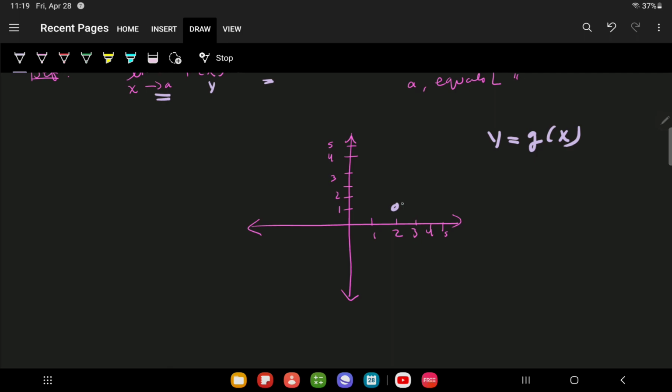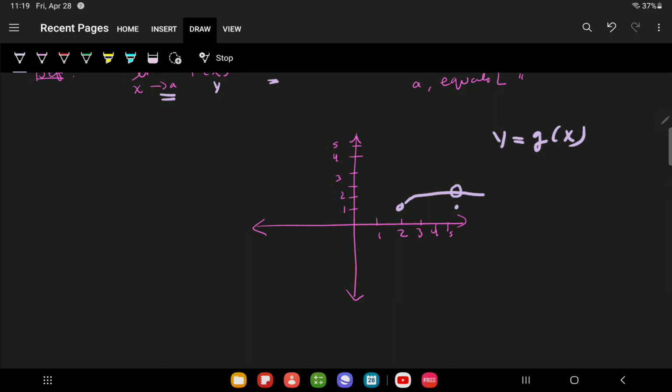At 5, it has a hole in here. And on the left-hand side, it has a hole at 2, goes through 2.5, something like that. So that is our function.